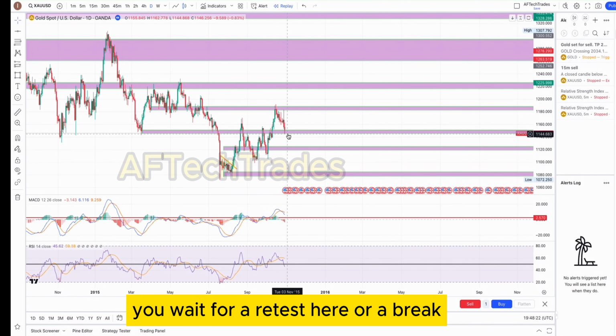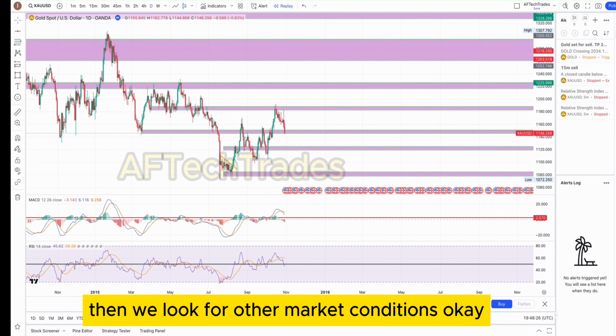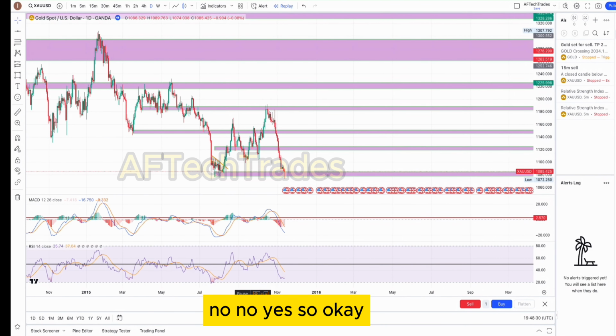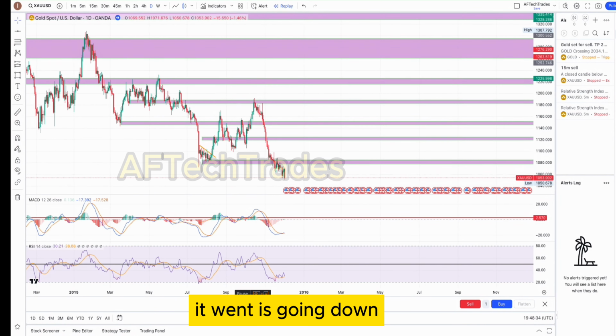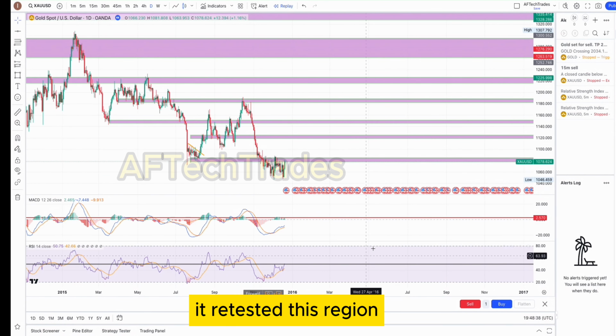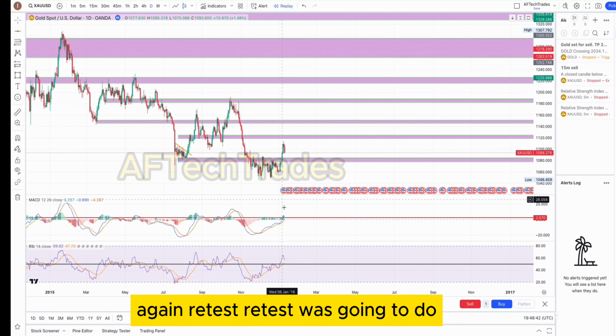You wait for a retest here or a break. If it retests here, then we'll look for other market conditions. Okay, so it's going down. It retested this region again, retest. What is it going to do?